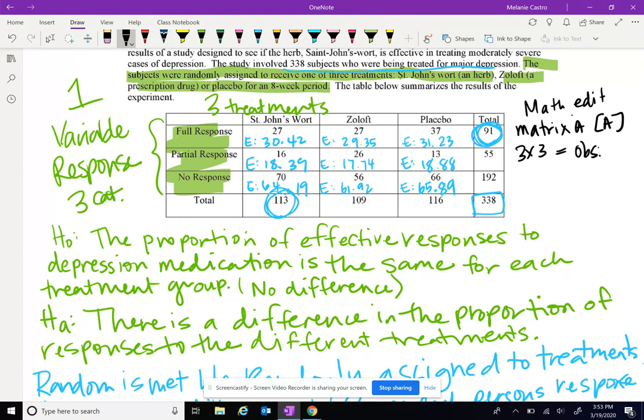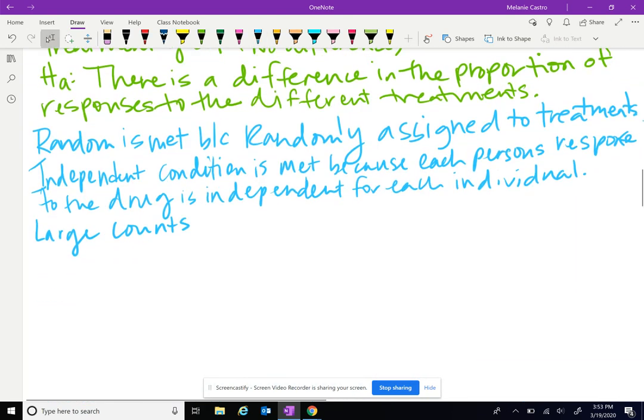Okay, and then in matrix B, it's also 3 by 3. Put all of our expected counts. Okay. All of our expected counts were greater than 5.